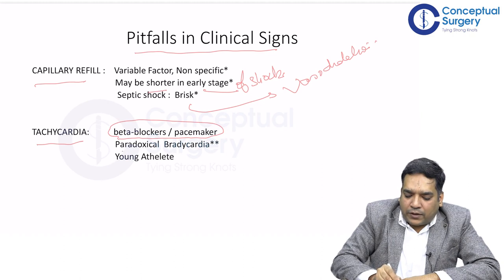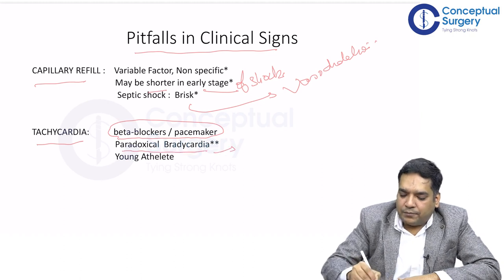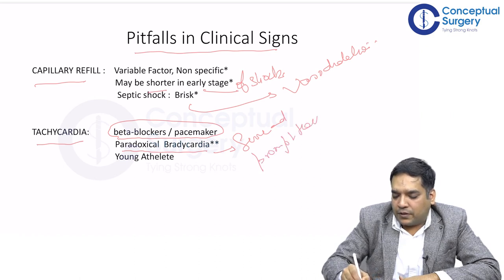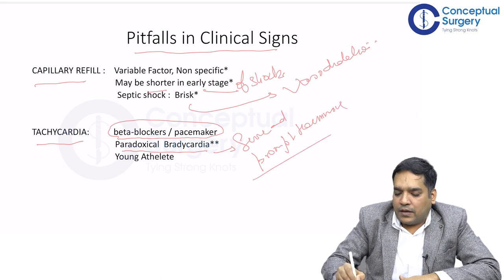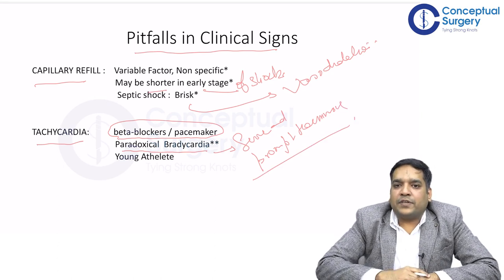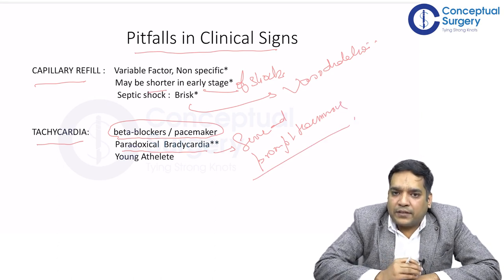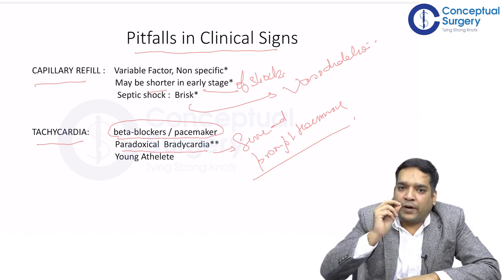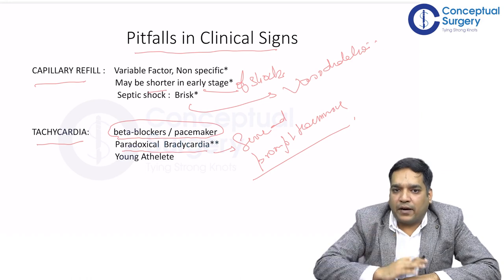And there is a paradoxical bradycardia which is seen in severe and prompt hemorrhage. Like in a condition in which there is a severe hemorrhage in a very short time, the patient can present with bradycardia, which is basically a paradoxical bradycardia.